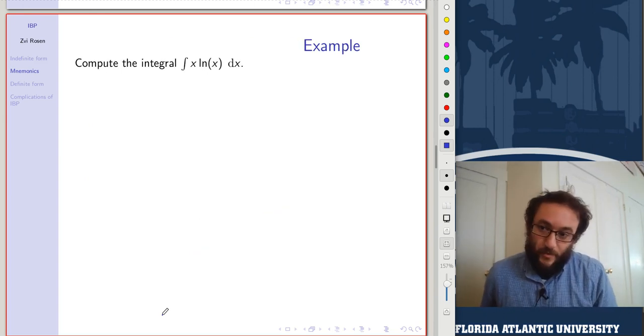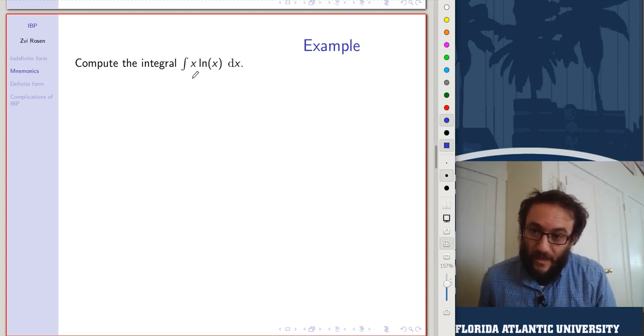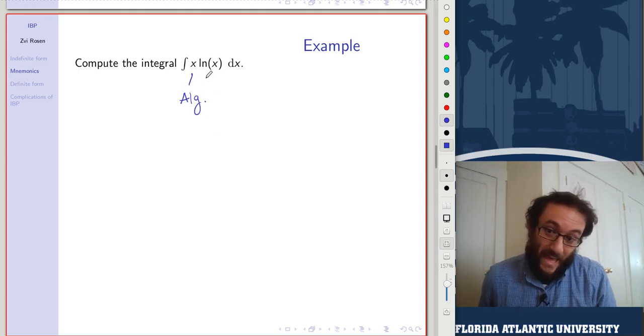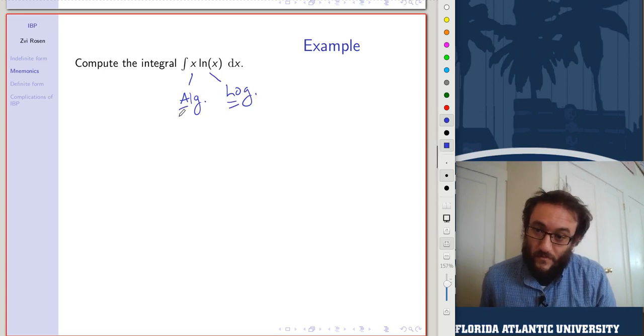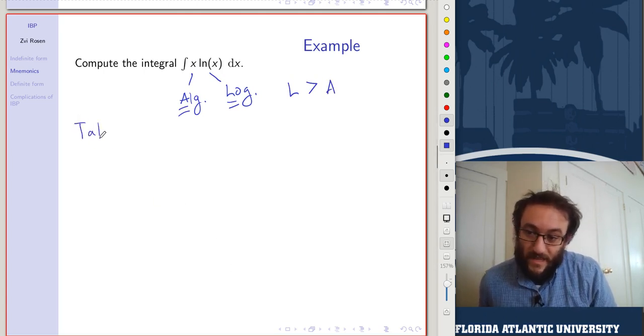Okay, so let's take an example. Compute the integral of x ln x dx. So first let's classify the different parts of this. We have x, which is an algebraic function, an A, and ln of x is a logarithmic function, an L. L comes before A. For that reason, we'll want to make our u equal to ln of x.